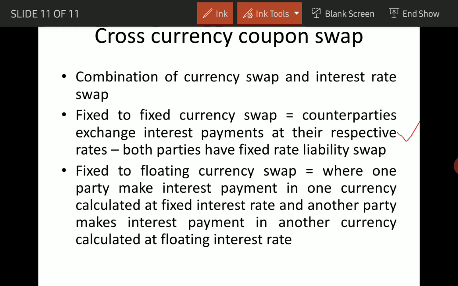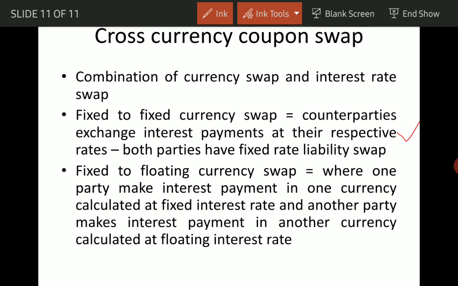But if both parties have different interest rate loans, that means one party has taken a loan at a fixed interest rate in one currency and another party has taken a floating interest rate loan in another currency and they want to swap their interest rate liabilities, such a swap we call a cross currency coupon swap or fixed to floating currency swap.